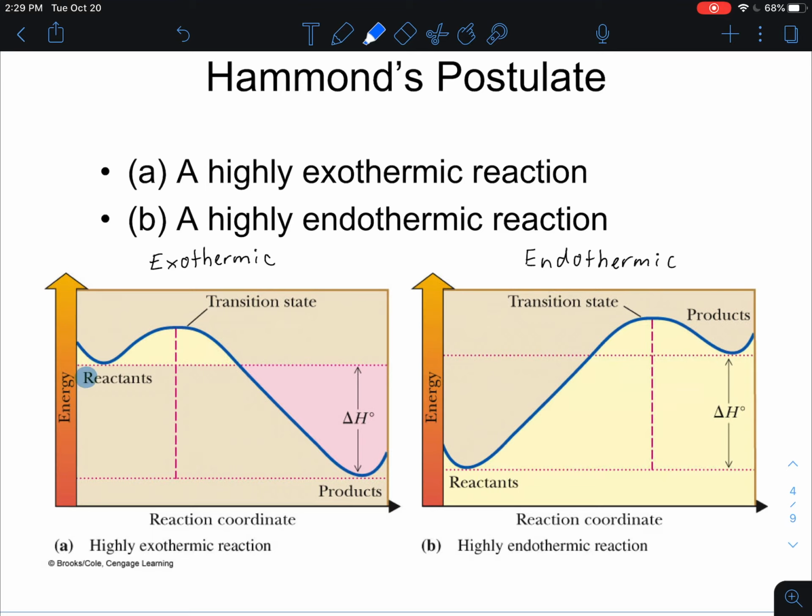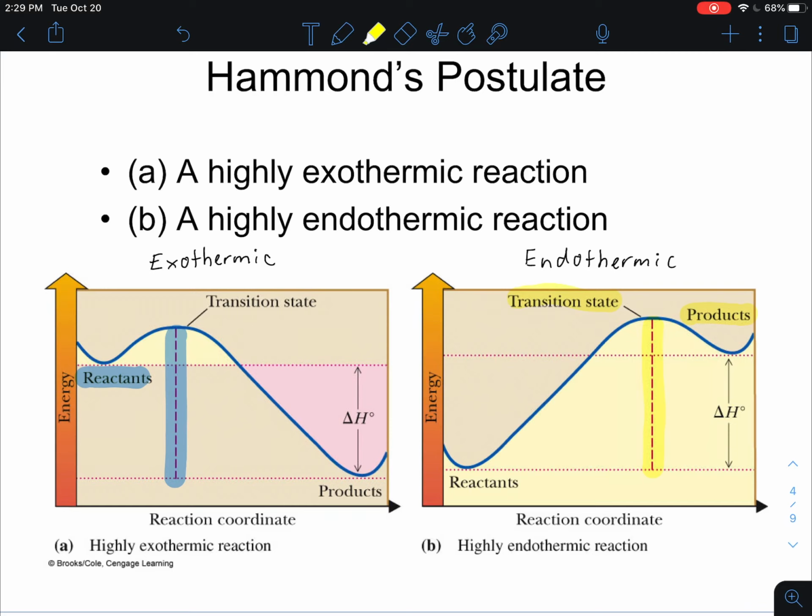So you can see here reactants are higher in energy, so the transition state happens pretty soon into the reaction. Whereas in the other case, here are products, the transition state is closer in energy to the products. So now we see that that is achieved later in the process.